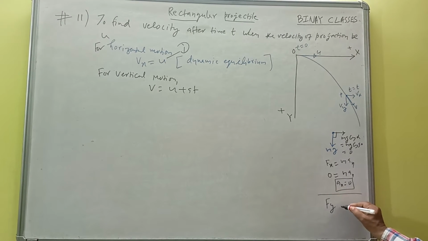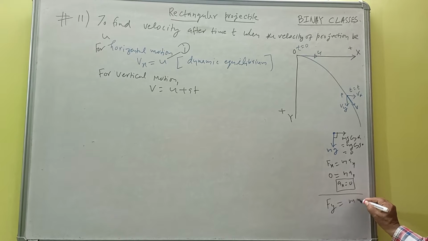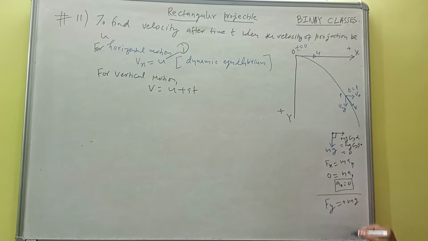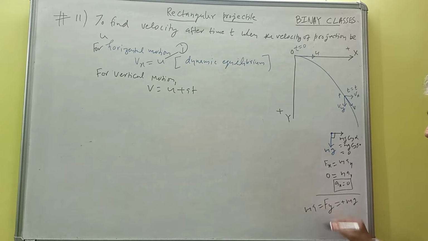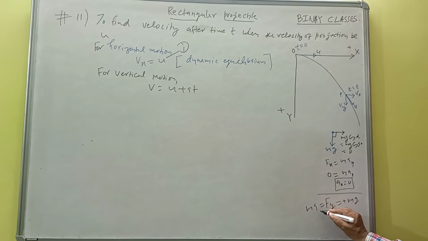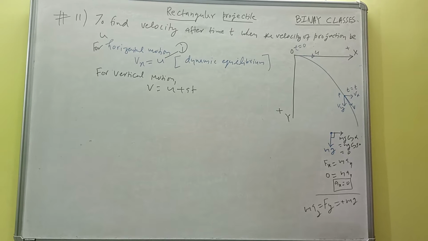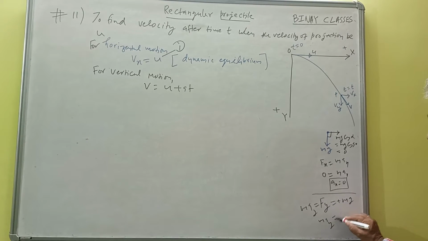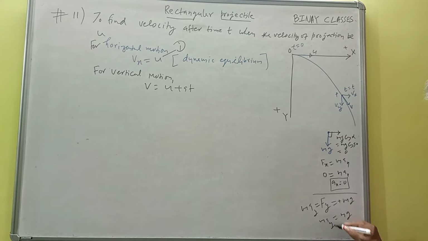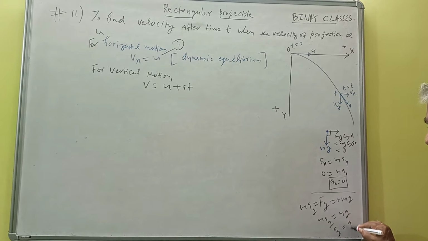Since Fy vertically is plus mg, and this is equal to mass into acceleration, so this acceleration is along ay. By writing m ay equal to mg, solving, ay will be g.